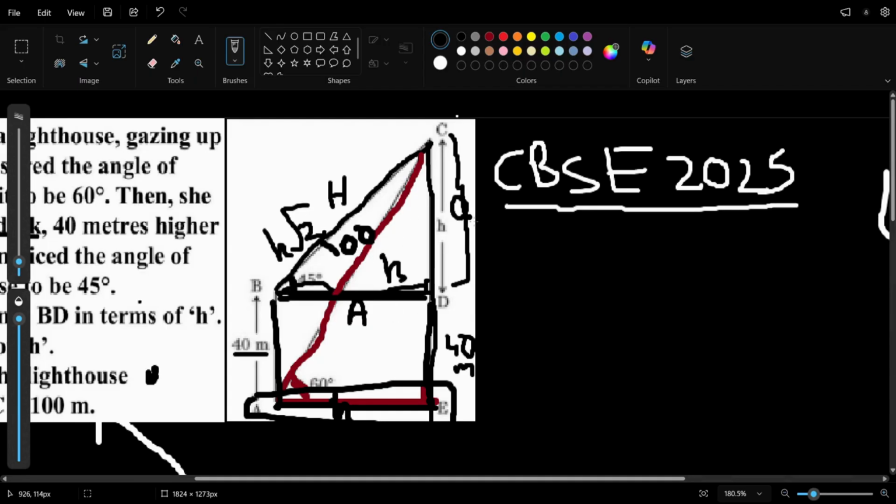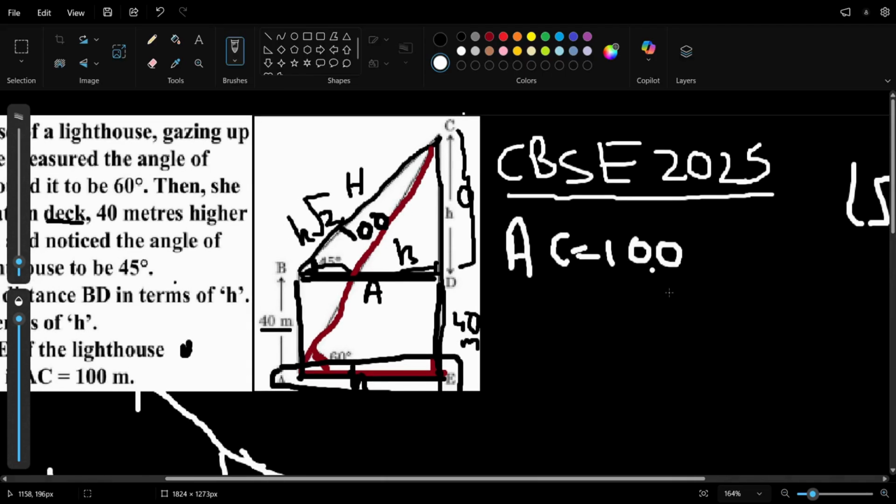This is a more easy question because it's just direct. It's very direct. So how do you find? So you know AC is 100. If AC is 100, then in this triangle you can take hypotenuse by adjacent. It's not opposite, it's adjacent.